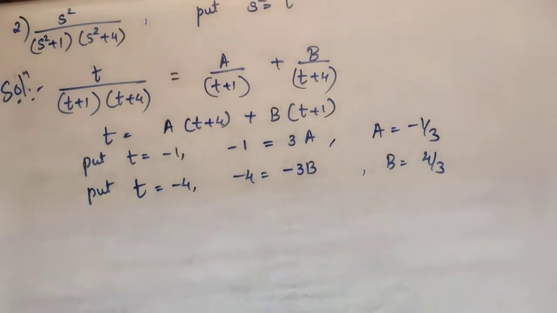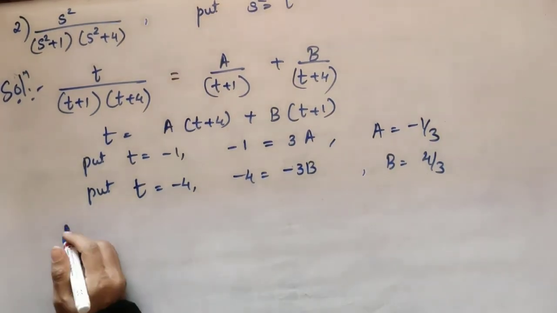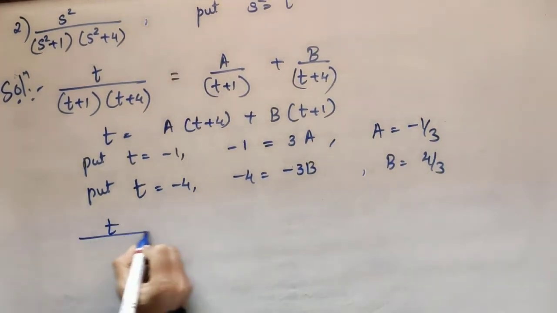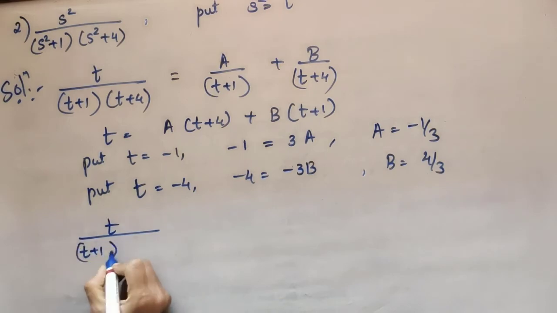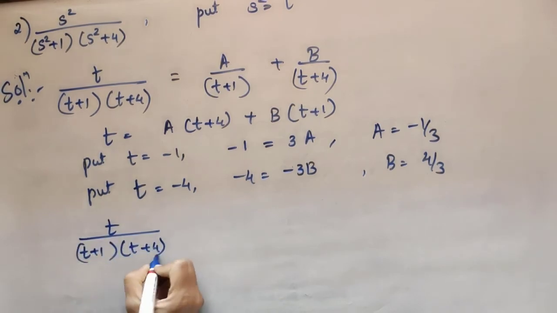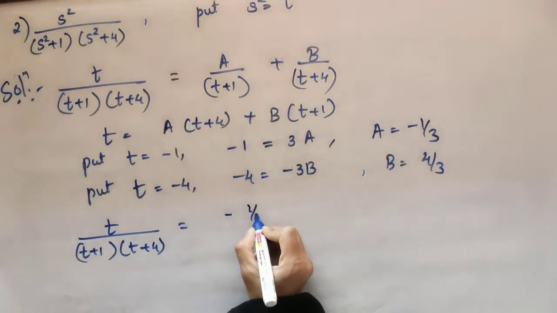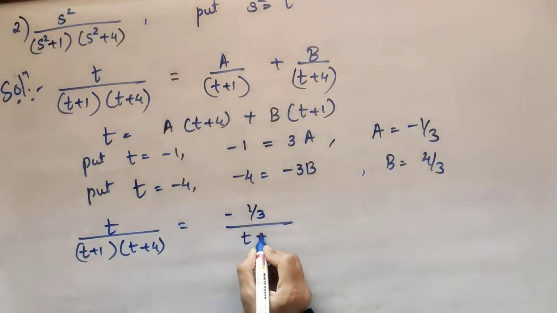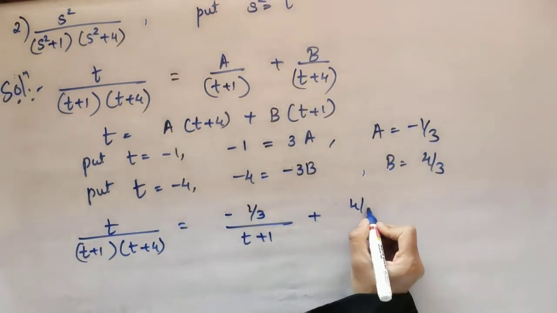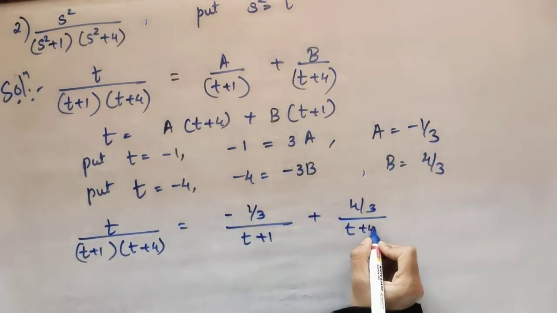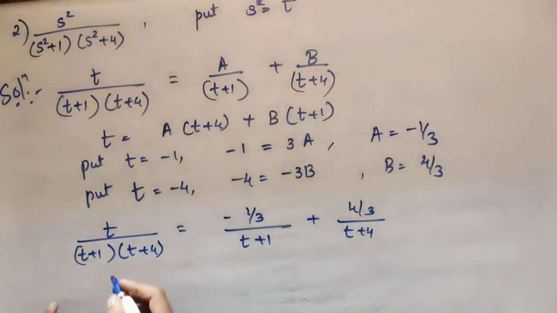Now once you get the values for a and b, let us substitute them. Therefore t divided by (t + 1)(t + 4) becomes −1 by 3 divided by t + 1, plus 4 by 3 divided by t + 4. I just want to replace t as s² now.